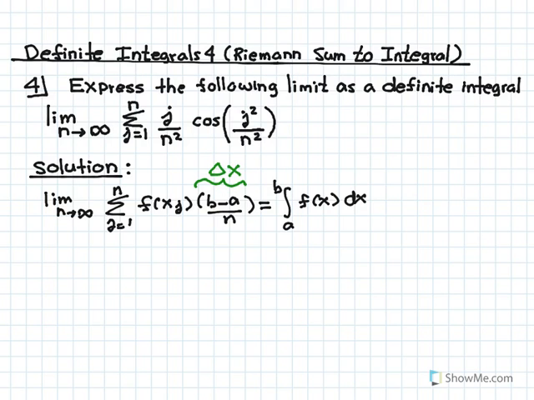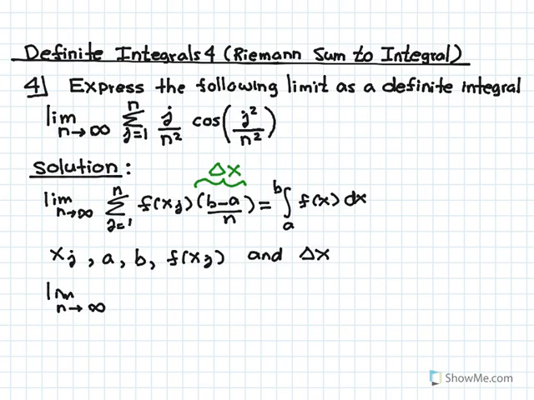Alright, the key to solving this question is pattern recognition. So let's find xj, a, which is the lower limit of the integral, b, the upper limit, the function f of xj, and delta x. Okay, let's rewrite this in a way that shows xj and the delta x.